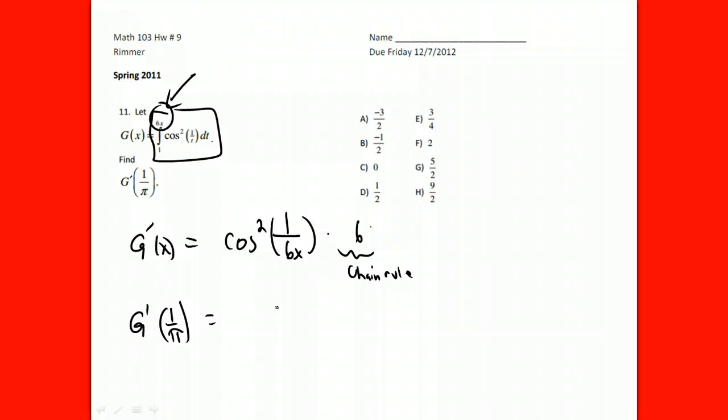You put the entire function replacing all t's, and then you do the chain rule. No matter what is going on with the x, whether it's x or 6x or x squared, you just say okay. That's it. Fundamental theorem of calculus part 1.